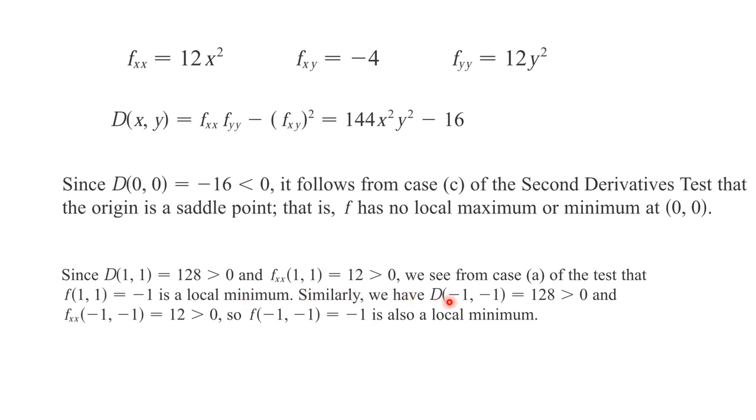Now for the third point, put (minus 1, minus 1) in D, we get 128, which is more than 0. Now put (minus 1, minus 1) in fxx, we get 12, which is more than 0. Both are positive. We now put (minus 1, minus 1) in f and we'll get minus 1, which is also a local minimum.